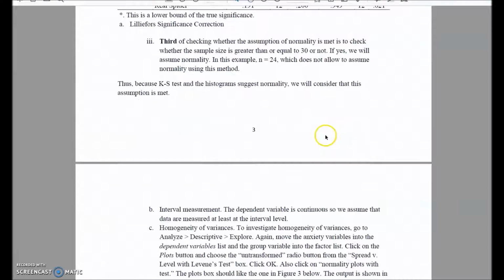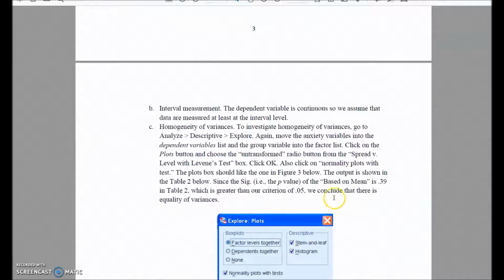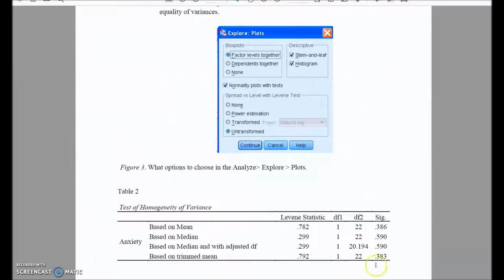Then the interval measurement is satisfied. The homogeneity of variances is satisfied because the Levene test shows that the significance is greater than 0.05. Remember, here we are talking about greater than 0.05. This is not the rejecting of the null. This is seeing whether these assumptions are met or not.